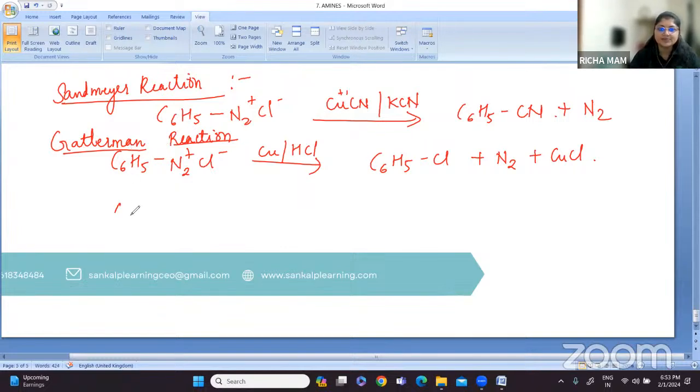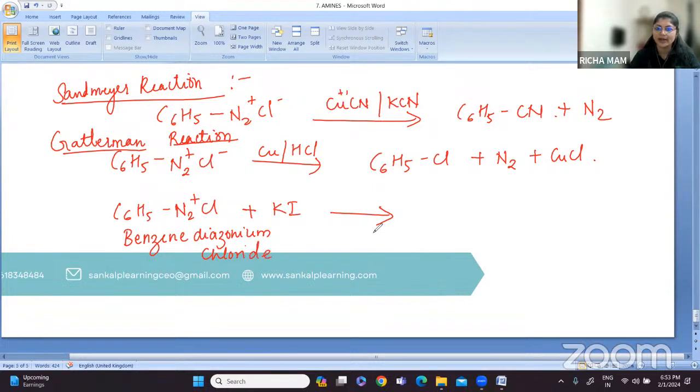Next reaction: C6H5N2+Cl- reacting with KI. What will it give you? I'm reacting my benzene diazonium chloride with potassium iodide. What will be the product obtained?